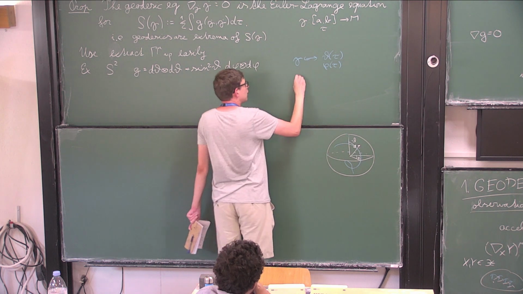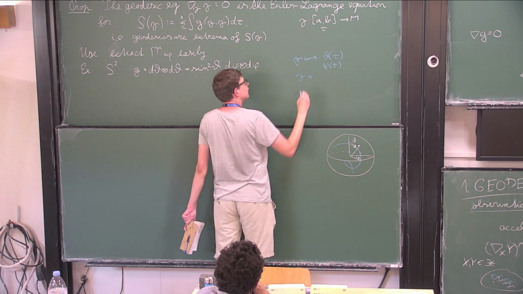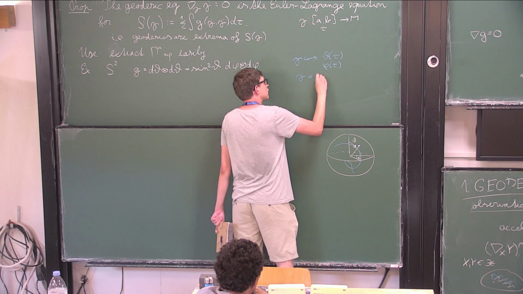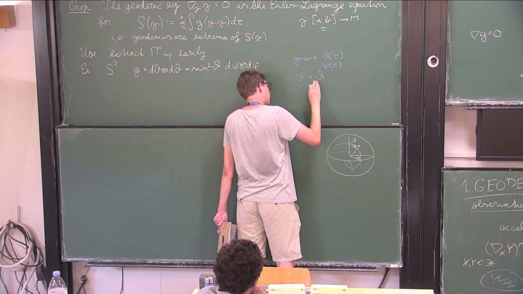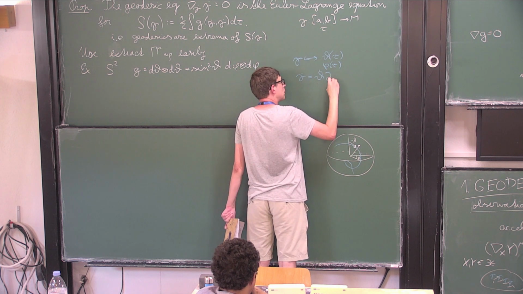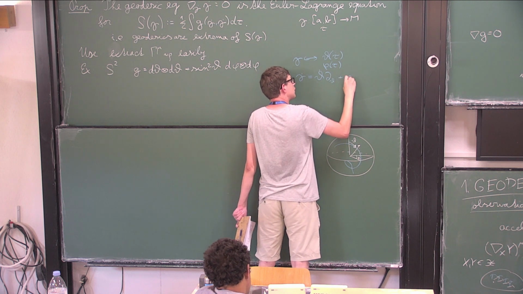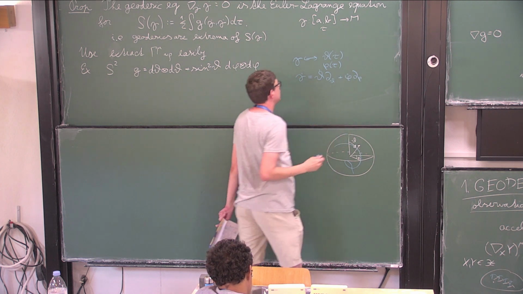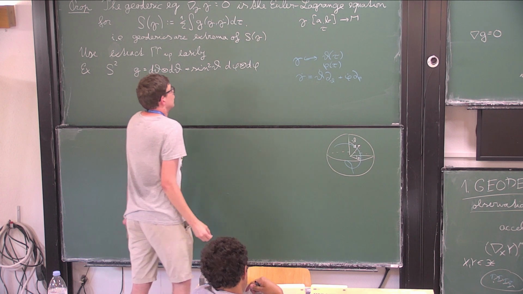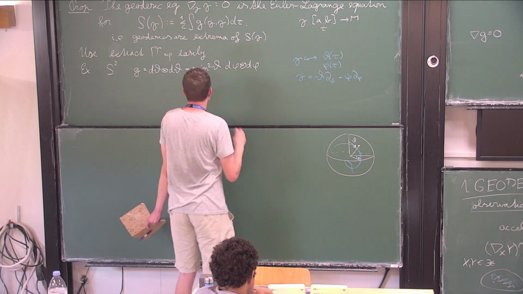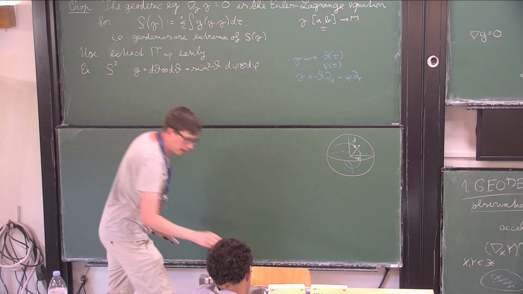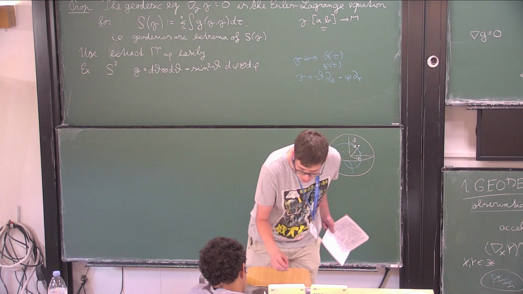If you calculate gamma dot explicitly in terms of these things, it looks like theta dot multiplied by partial theta, and phi dot multiplied by partial phi. This is the curve. This is the metric, so now I can write down the action functional explicitly.